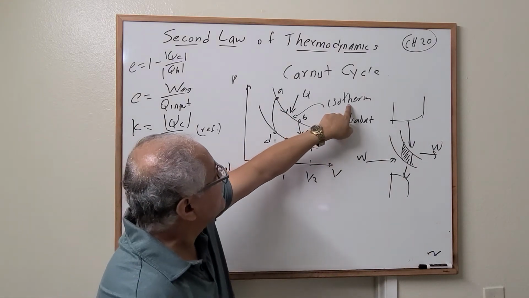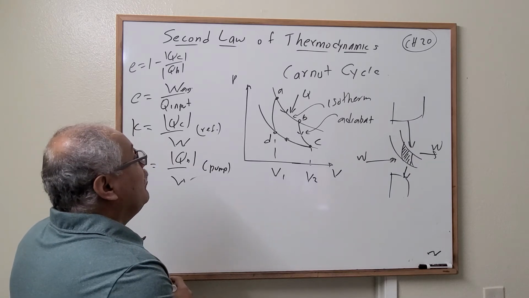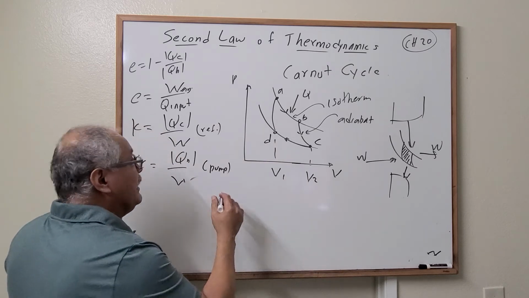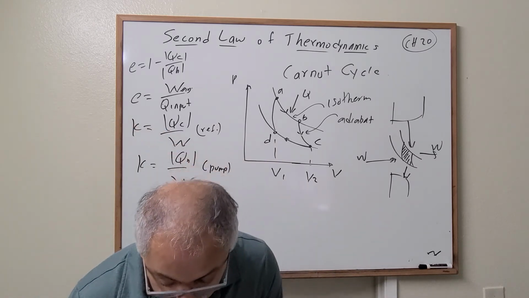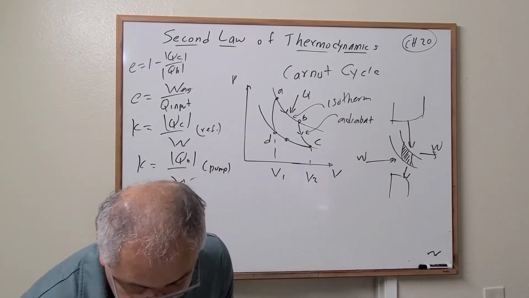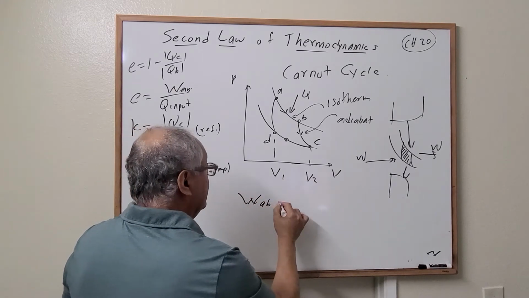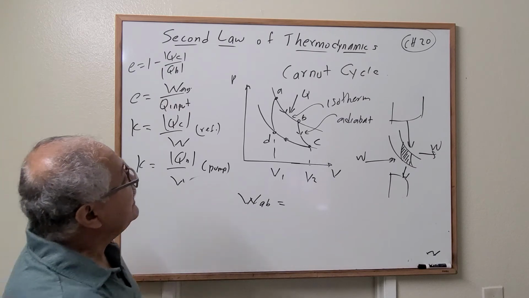So for the isotherm, let's find what the heat added is. The heat added right here. Let's label this 1, 2, or 3, or just the work done from A to B. What is the work done from A to B? Well, this is an isotherm.